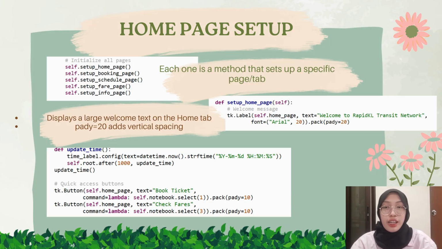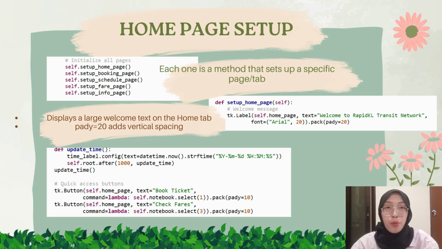Now we initialize all the pages, and for the homepage setup, we use the setup_home_page function. tk.Label displays a large welcome text on the home tab, and the update_time function shows the current date and time that updates every second.